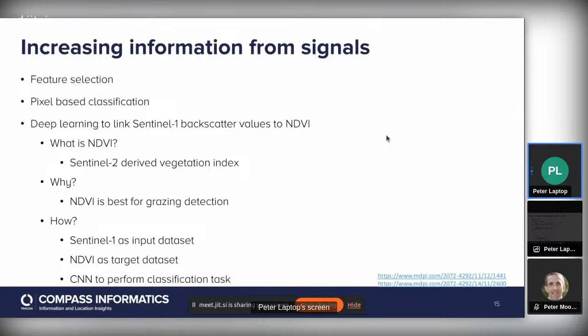There have been studies which have been able to do this. I'm in the process of trying to work out how to relate the backscatter values from Sentinel-1 to NDVI. I propose using a convolutional neural network to do this as well, but of course, other methods are available.